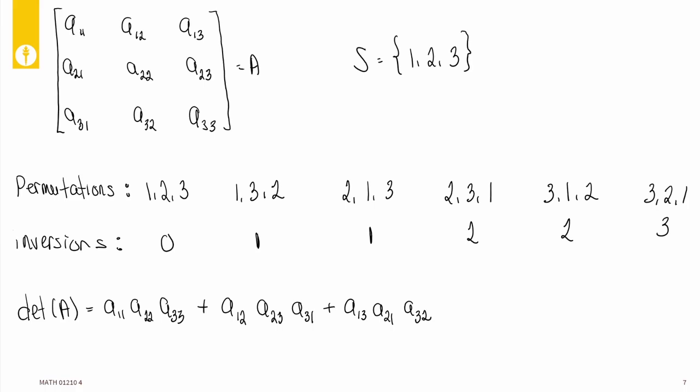That would be the first 3 terms. And those would be the last 3 terms. There's your 3 by 3 determinant.